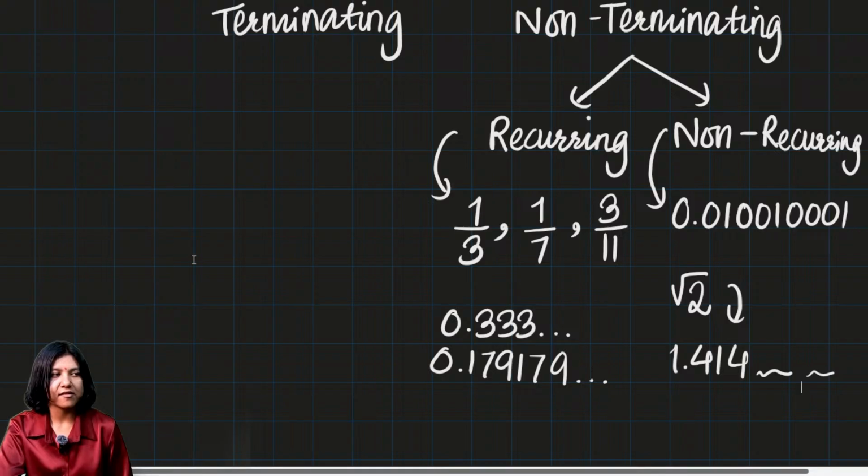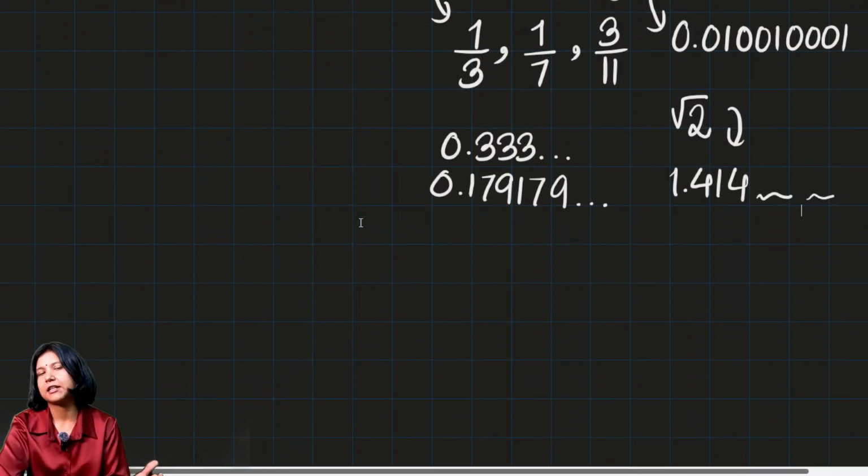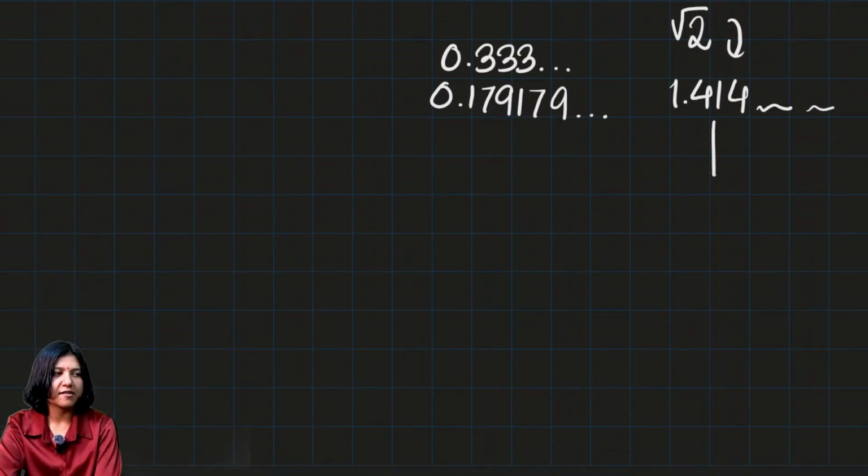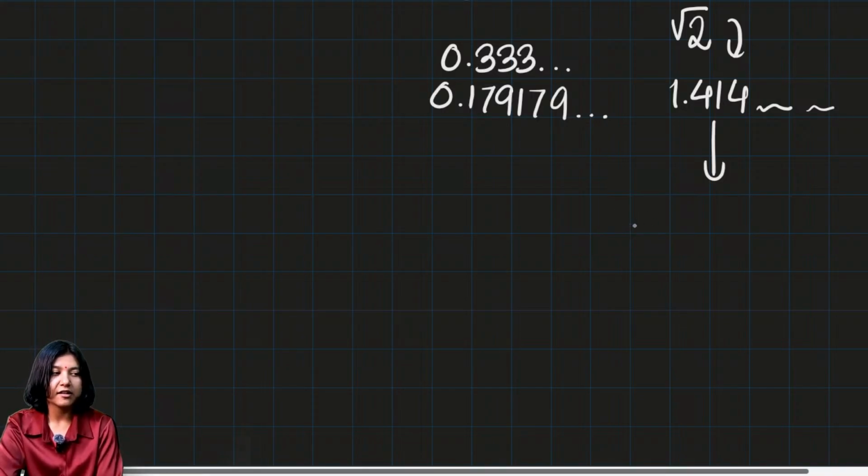So this forms a different classification, an entirely different family than what we have been studying. These decimal expansions that are non-terminating, non-repeating are called irrational numbers.